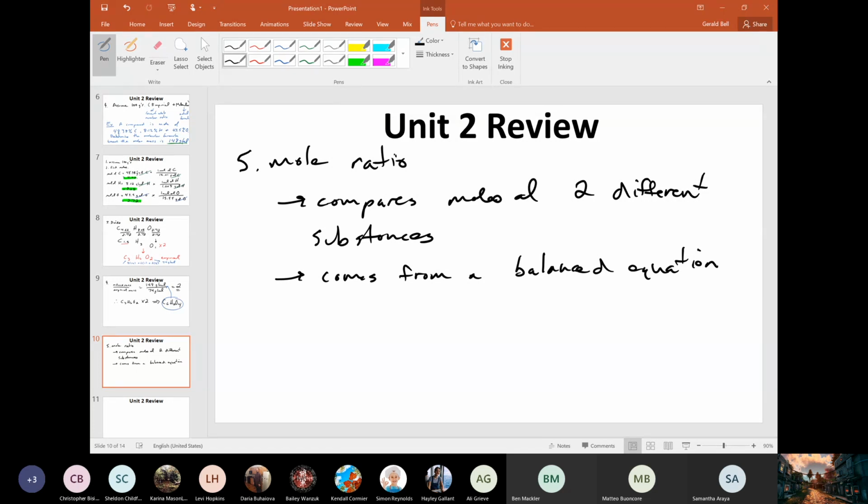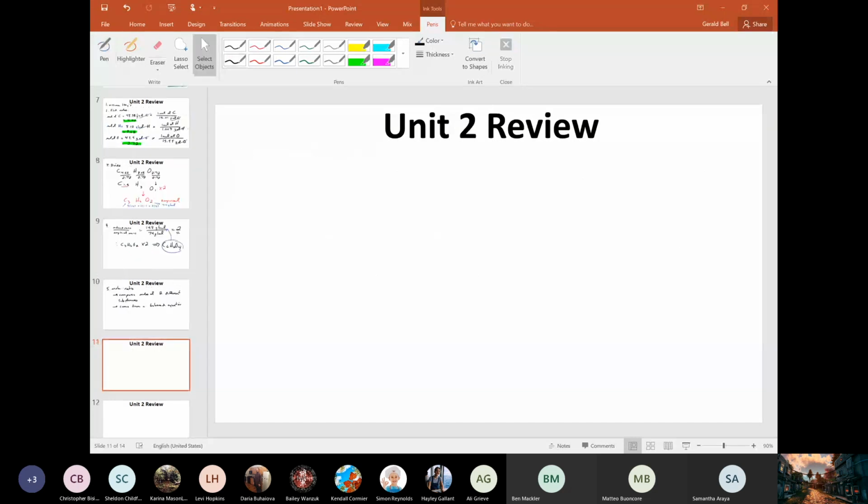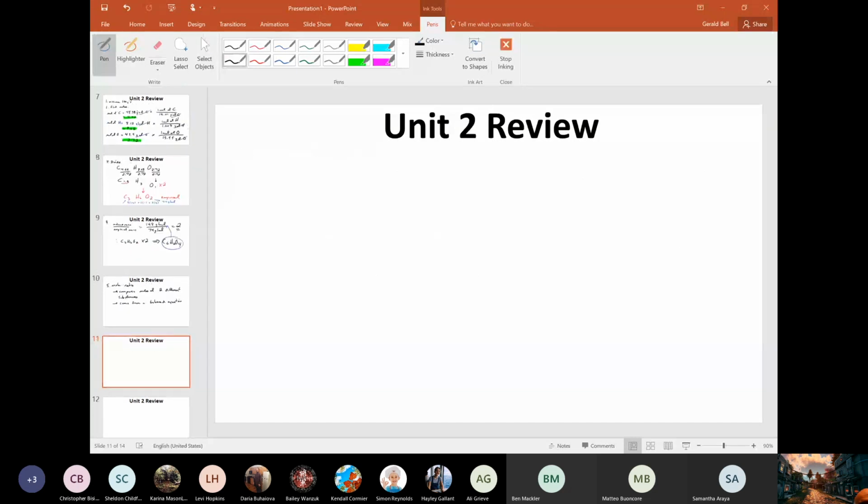So all you need is a balanced equation, and then we can do some mole ratio questions. Maybe I'll jump to a new slide for that in a moment. Okay, so we just need a balanced equation.